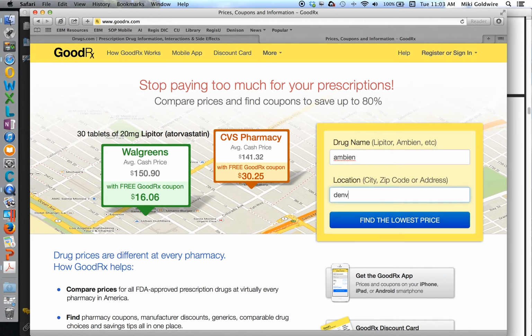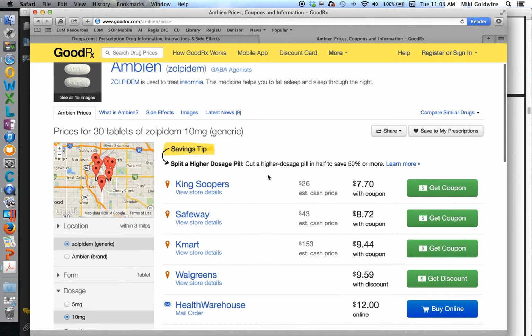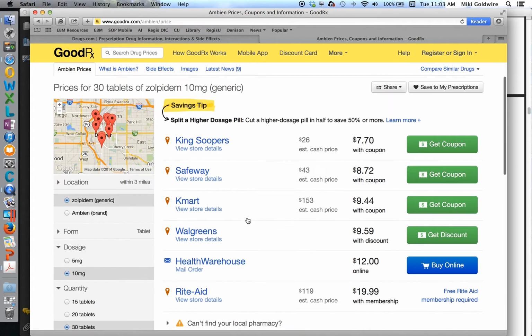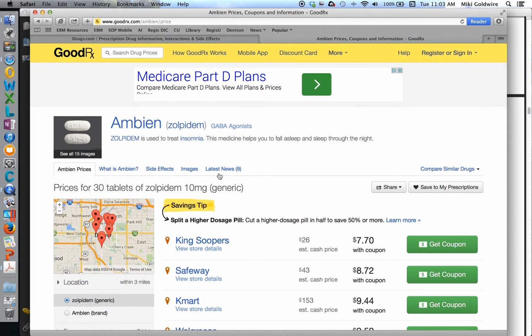And I'm in Denver. It will bring up the cost of Ambien, and they priced out 30 tablets at 10 milligrams. I like this if I'm ever asked questions about cost, which isn't often, but once in a while I do get those questions. So goodrx.com is an excellent source.